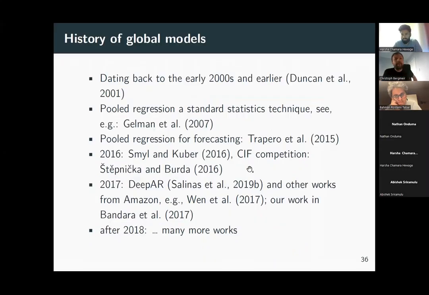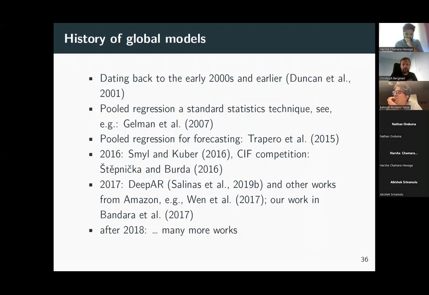Now, some history of global models: they go back to the early 2000s. One interesting thing is that pooled regression is a quite standard technique in statistics. There's a book from 2007 talking quite a lot about it. It's just people didn't have the idea of using that for forecasting until about 2015.